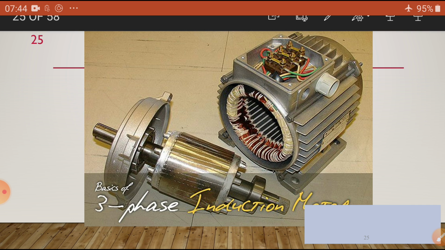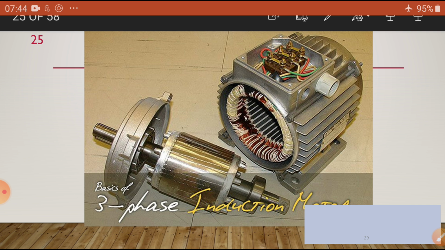You have good experience on transformers. Similarly, in this case, the no load test and blocked rotor test are always conducted on the primary, that is the stator side only. Don't confuse.